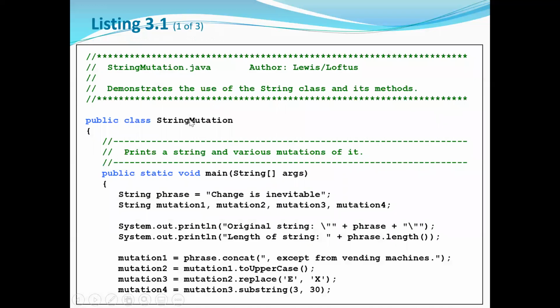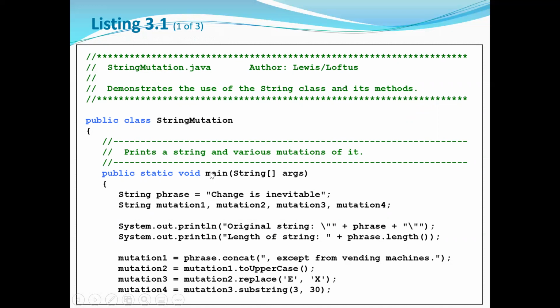So let's see an example program here. This program is called StringMutation.java. It demonstrates the use of the string class and some of its methods. Our main class name is StringMutation, because the name of the file is StringMutation.java. And here we have only the main method.